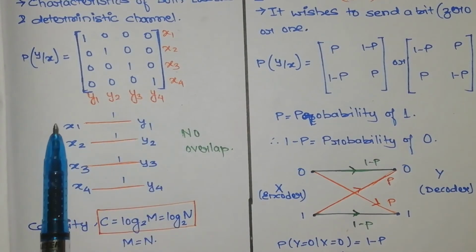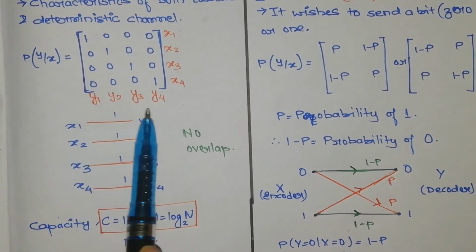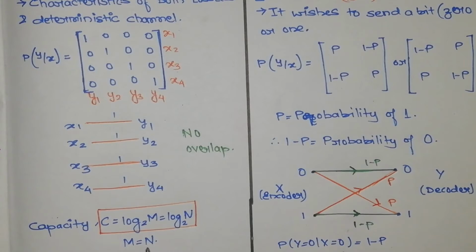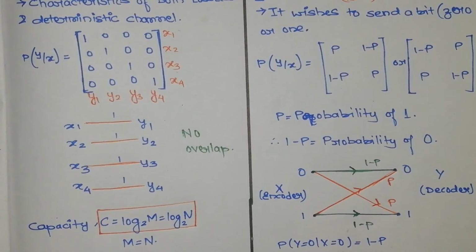So if there are n inputs there will be n outputs. The number of bits generated and the number of bits received will be the same. So if we take the log of any of the bits, it will give the capacity.